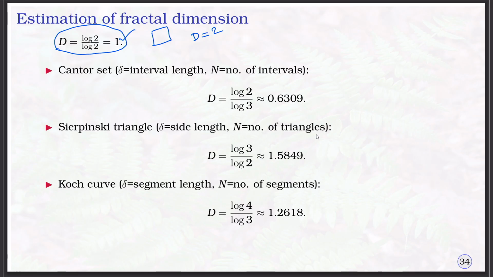Now, these two objects, the Sierpinski triangle and the Van-Koch curve, both are embedded in R power 2, and both have a box counting dimension less than R power 2. So, both are examples of fractals. This one is embedded in R, and its box counting dimension is less than the embedding space box counting dimension. Therefore, this Cantor set is also an example of a fractal.